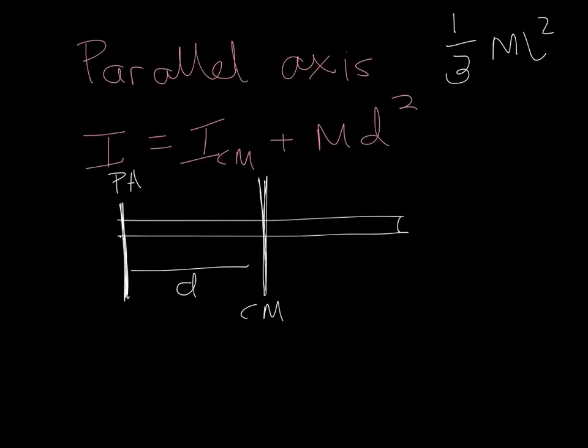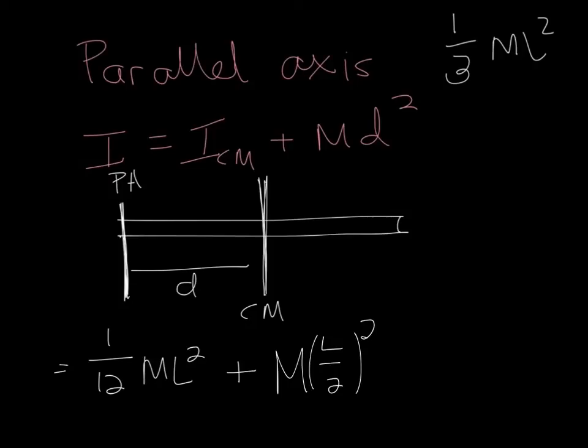So what I'm going to do here is say, I already found that it's 1/12 ml squared about the center of mass. So I'm going to add the mass times d squared to get this next value. That's going to be the total mass, and then the distance is L/2, and that of course is squared.